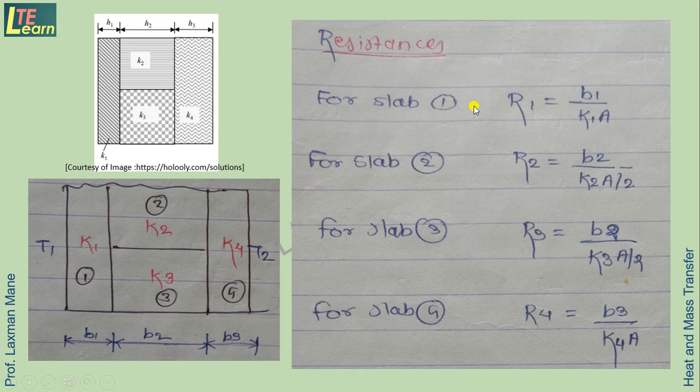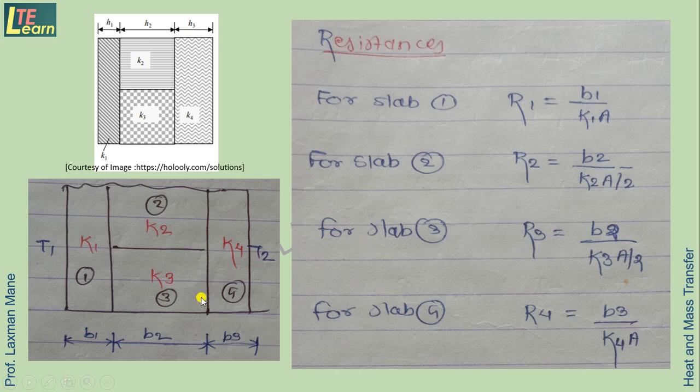So for slab 1, means this first slab, R1 will be equal to the corresponding thickness B1 divided by its thermal conductivity K1 into area. For slab 2 or layer 2, the resistance R2 is equal to the corresponding thickness B2 divided by the corresponding thermal conductivity K2 into, now here the total area is A, and the area of this layer will be what? Half. So A by 2.